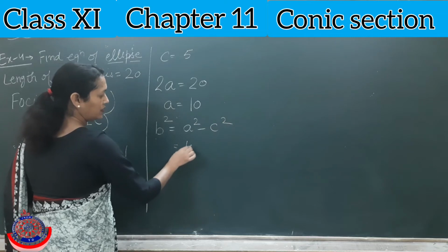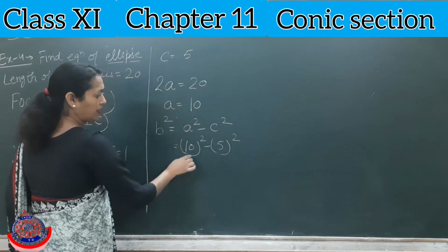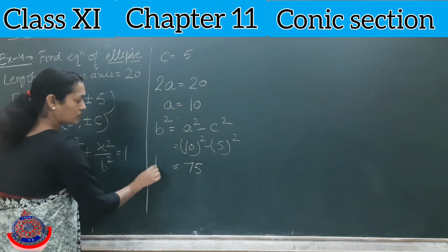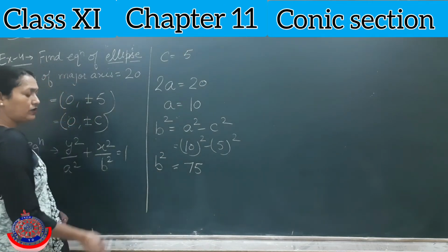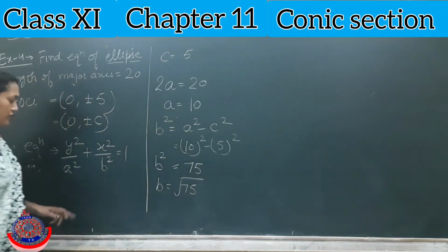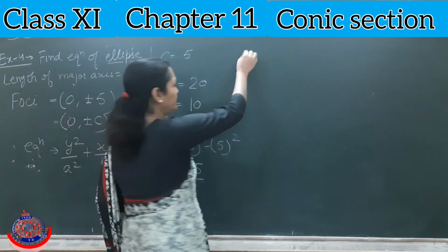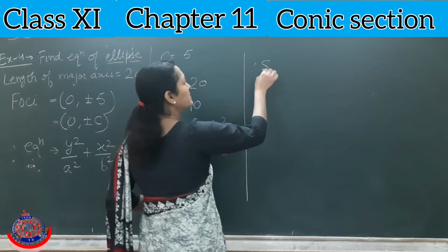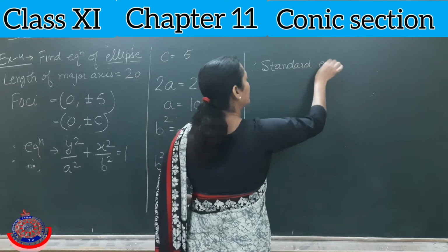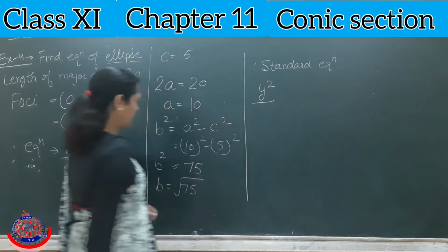10 square minus 5 square, that is 75. We have to use b square only, or if you want to write, b as root 75. So the standard equation of the ellipse will be y square upon a square.